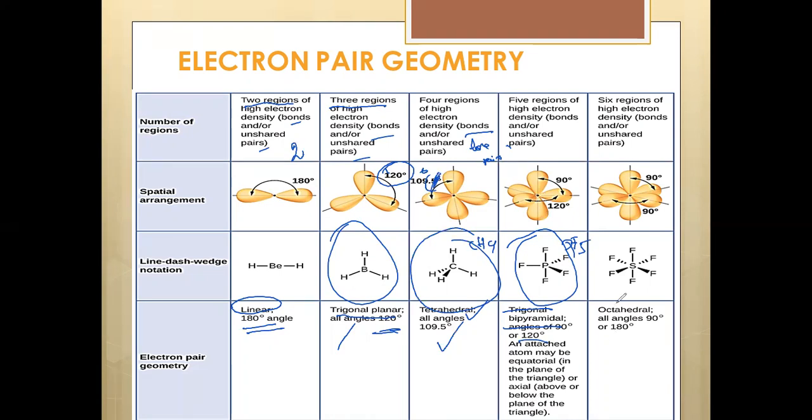The final one is the six regions, the unshared and bonded electrons.